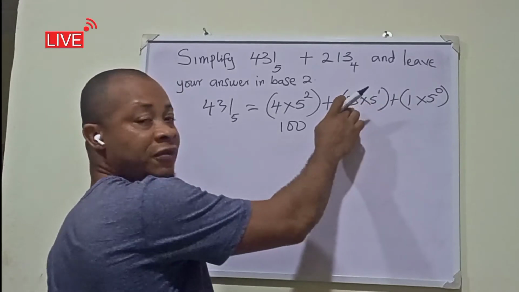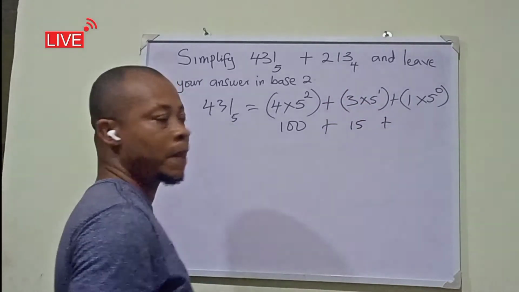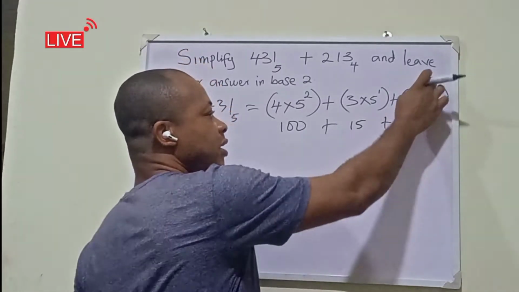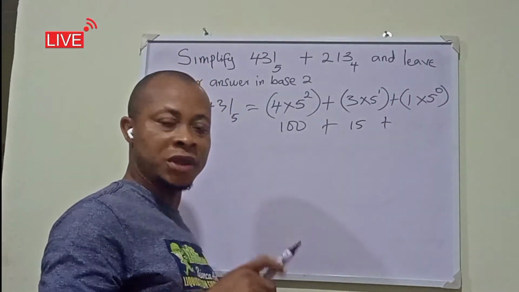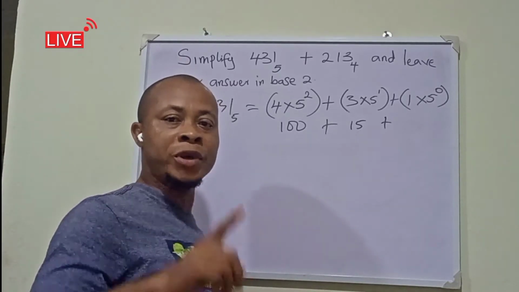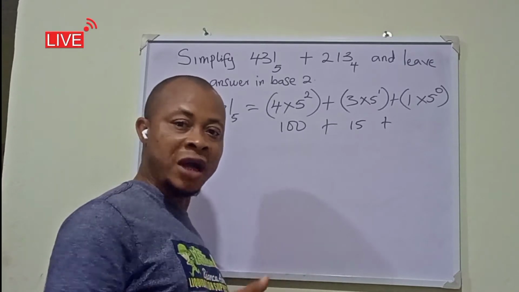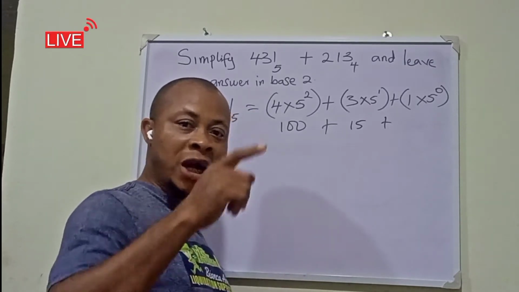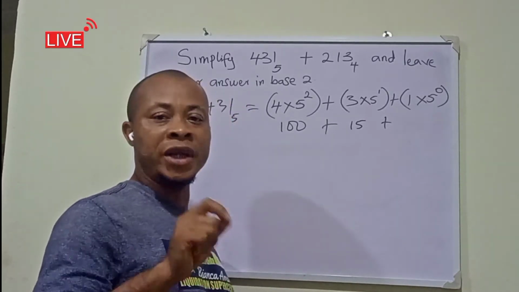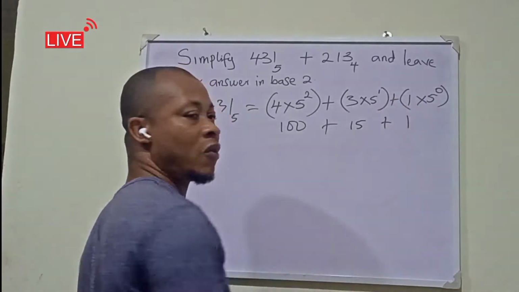Multiply single 5 by 3, we have 15. Plus any number that is raised to power 0 is 1, even if it is 1 million. If it is raised to power 0, that 1 million becomes 1. If it is 20 million, or 5 or 6 or 7, so long as it is raised to power 0, the answer is 1. So multiply 1 by 1, we have 1.